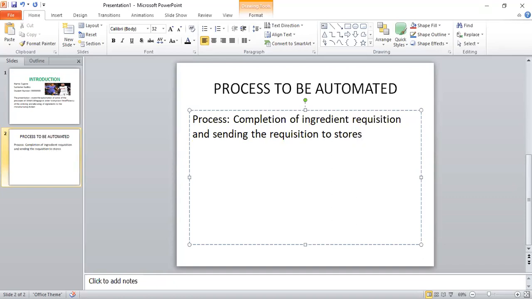That is the process that can be automated.